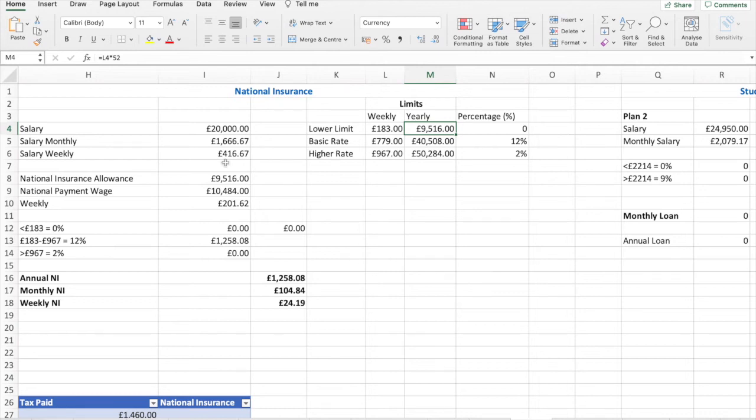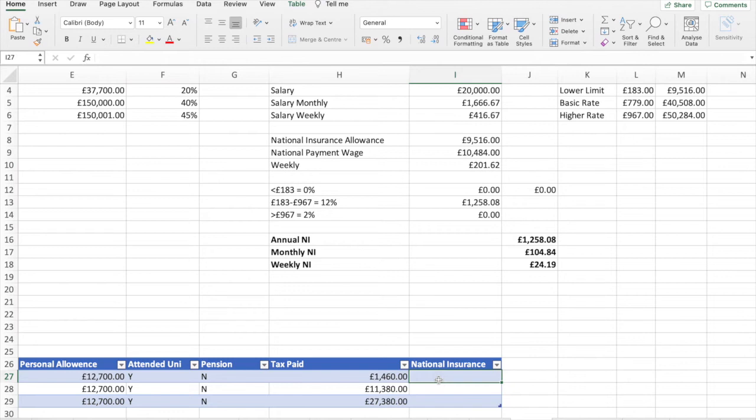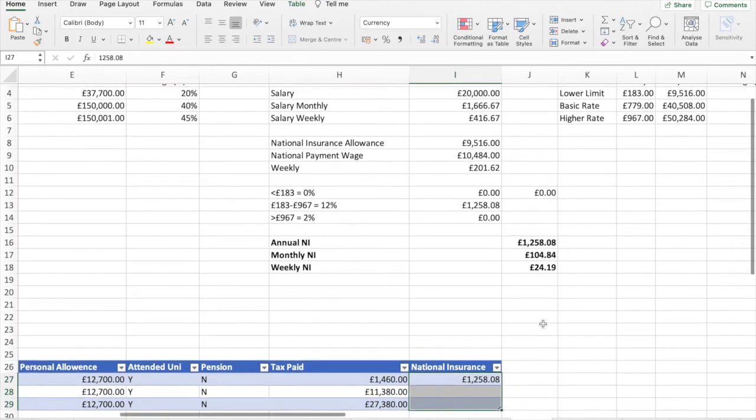The national insurance she's going to be paying is her yearly salary minus her national insurance allowance, so she's going to be paying 12% on this amount here, as her weekly amount is over the lower limit of 183. So 12% of 10,484 equates to 1,258.